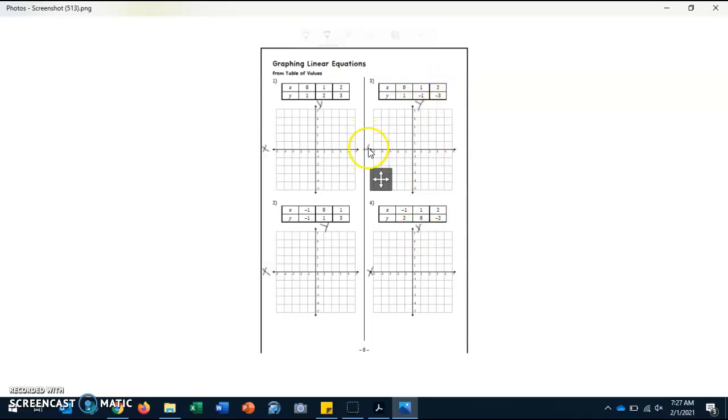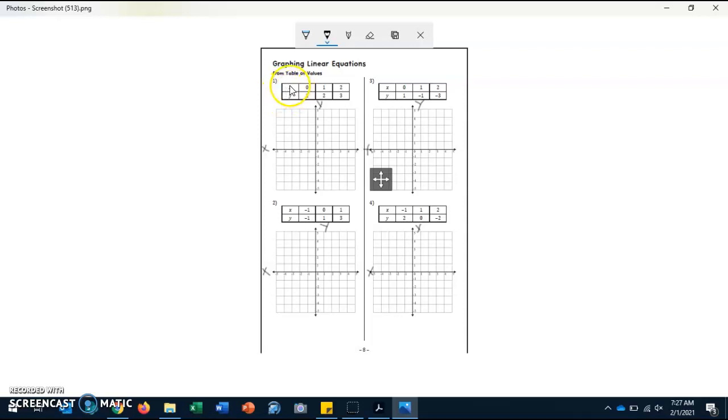And all we are going to do, boys, is grab our x, plot it, and our y, and see how we graph our linear equation. So I will be doing 2 with you, and you will be doing the rest on your own, just so you can get an example of how things should be.